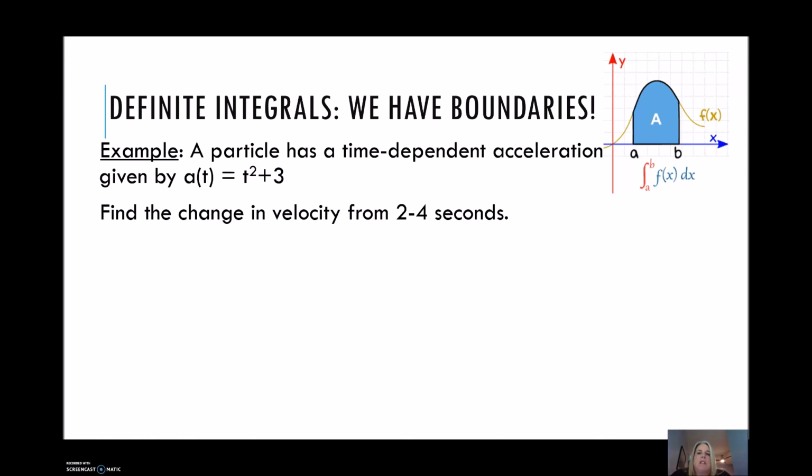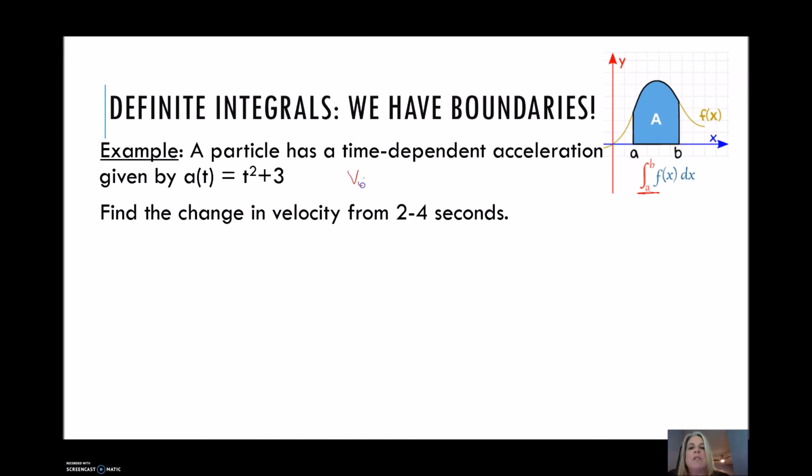But there are also definite integrals where we want to know the area between two boundaries. For example here, we just want to know what the area is between a and b, so we write the integral sign like this, where we put the boundaries from a to b. Now, here's an example. Here is an acceleration equation, and we want the change in velocity from 2 to 4 seconds.